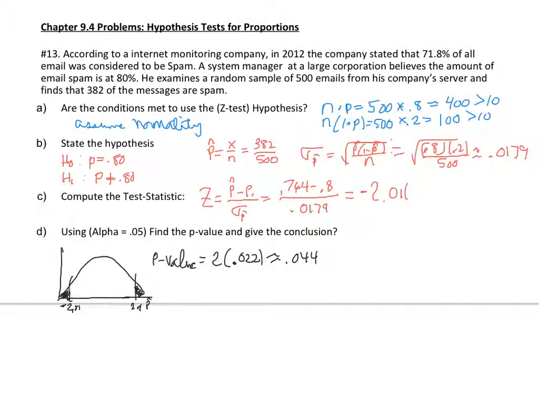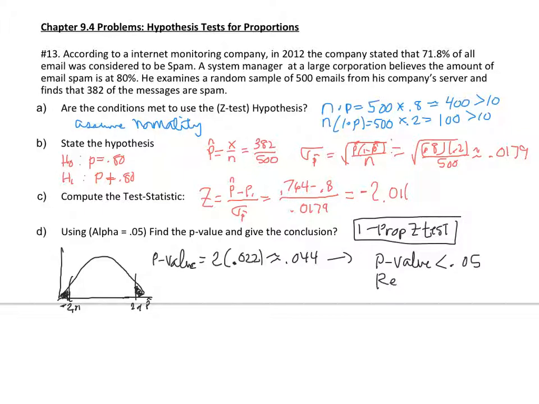And if we did this by technology, the technology will show us about the same information. If we use the 1-prop z-test in the calculator, we'll get approximately the same answer. So from this, at the 5% level, the p-value is less than 0.05.